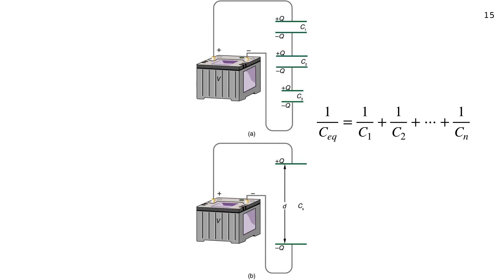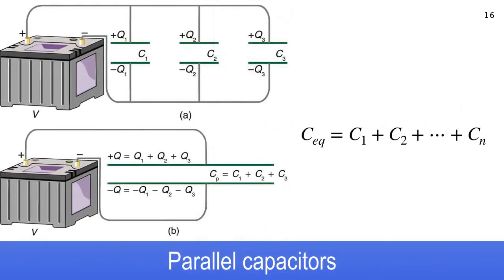Now, here's what parallel means. It means you have separate parallel routes to the battery. So there are three in parallel. A charge can go, we'll think of it as a positive charge on the move, out of the positive terminal of the battery up to the top of capacitor 1. And then charges are going to leave the bottom of capacitor 1 and head over to the negative battery terminal.